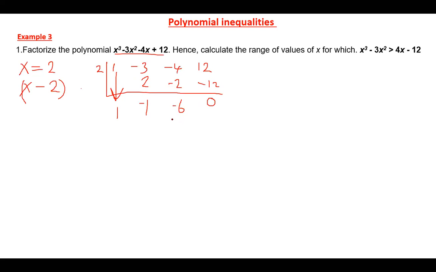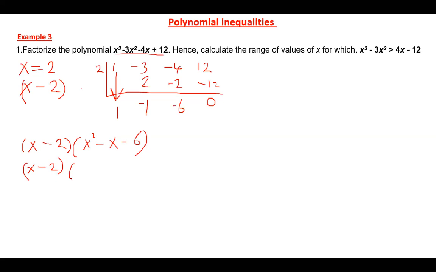We have the remainder 0 there, which shows that x minus 2 is a factor. So now we find the other factor. The first coefficient will be 1, the second coefficient will be negative 1, and the constant will be negative 6. Due to time, I'm not going to solve this, but I'll just give you the factors.